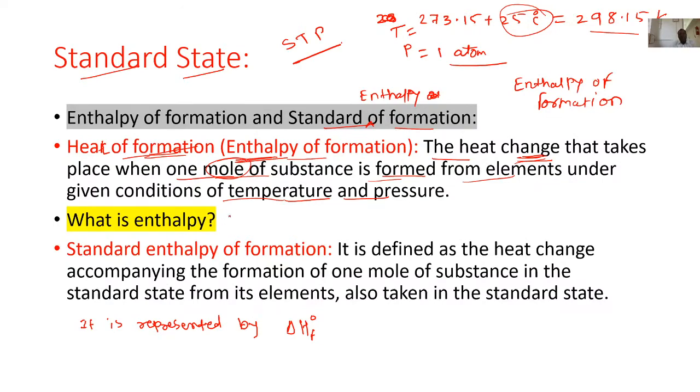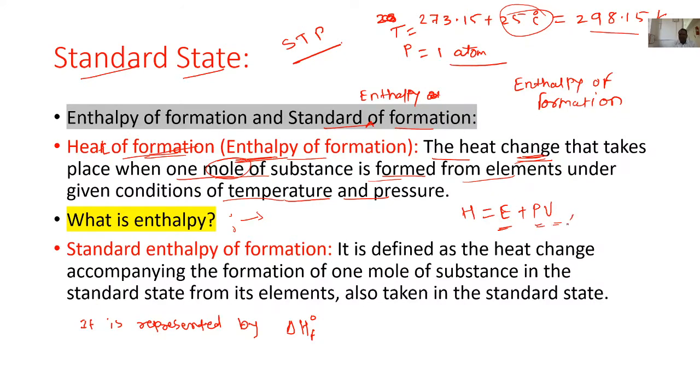So what is the enthalpy? We have seen the definition of enthalpy. That definition we have seen in the 12th standard. Enthalpy is denoted by H is equal to E plus PV, P into V. E is the internal energy, P is the pressure, and V is the volume.